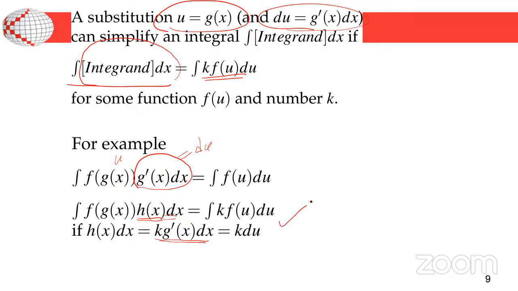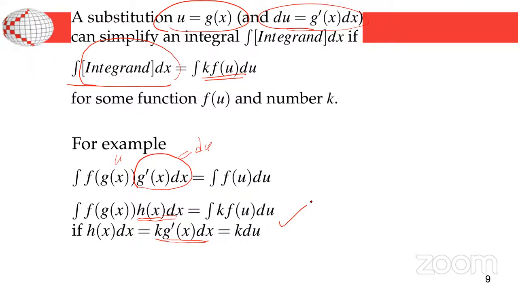Okay. So the way to look at a substitution is this: whenever you see a composite function in the integrand, you should immediately think about u equal to g, that inner function, unless you already have other ways to get the integral quicker.